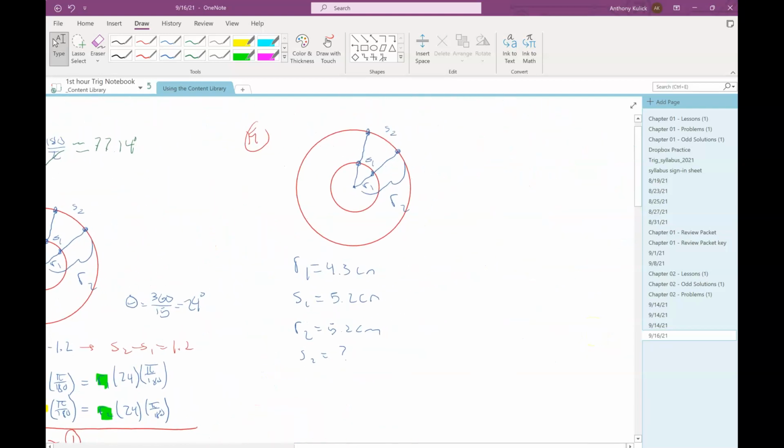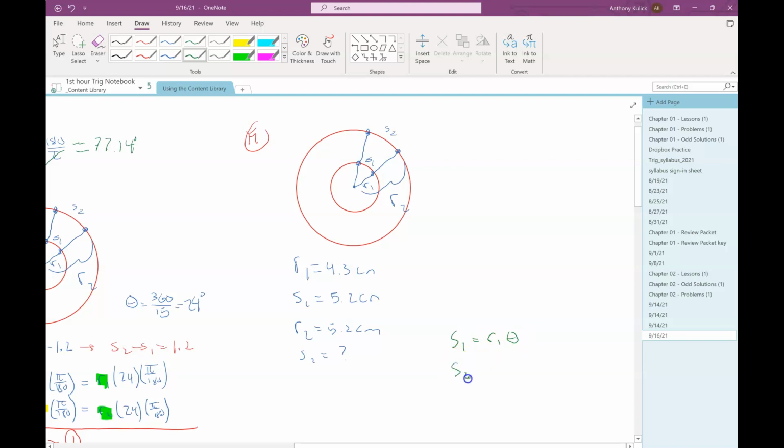You good with my initial setup here? The picture that I've drawn, and then I just recorded the information for the labels from the story problem. That's all okay? So here's the trick, is that I know that S1 is going to equal R1 times theta.